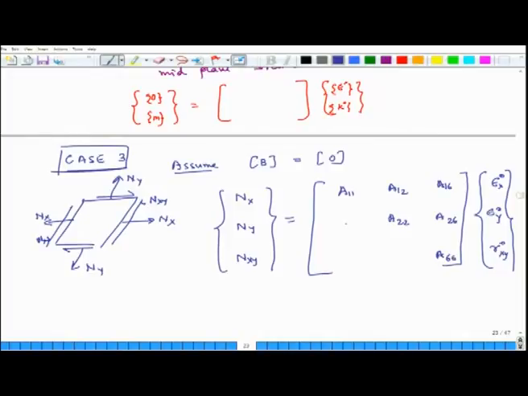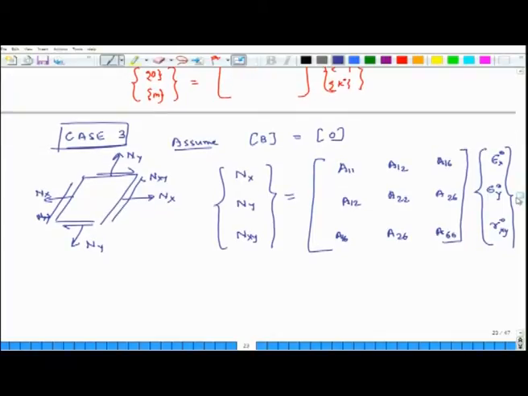Now, consider the case that we are applying only Nx on the plate.